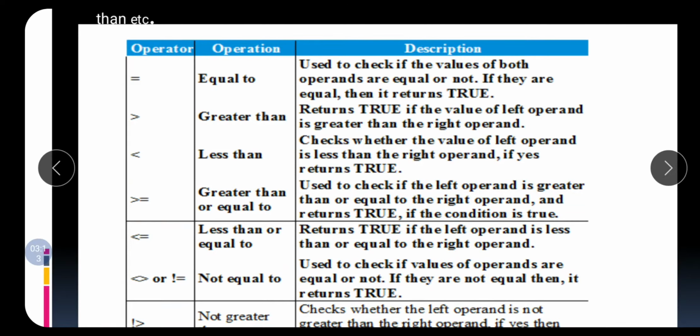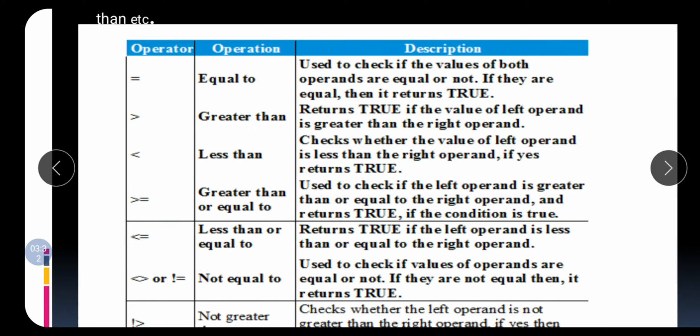Less than returns true if the left operand is less than the right operand. Greater than or equal, used to check if the left operand is greater than or equal to the right operand and returns true if the condition is true.